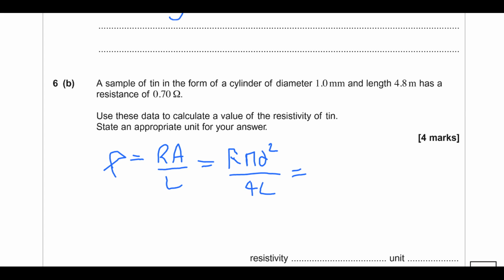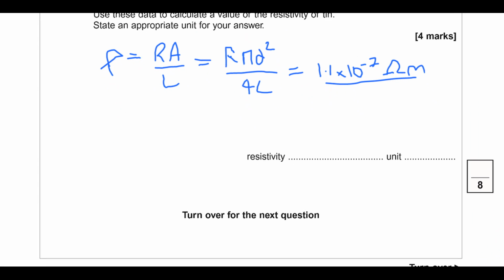So we've got 0.7 times pi times 0.001 because it's millimeters, divided by 4 times 4.8, which gives you 1.1 times 10 to the minus 7 ohm meters, which is the unit of resistivity. Okay, so that finishes question 6.